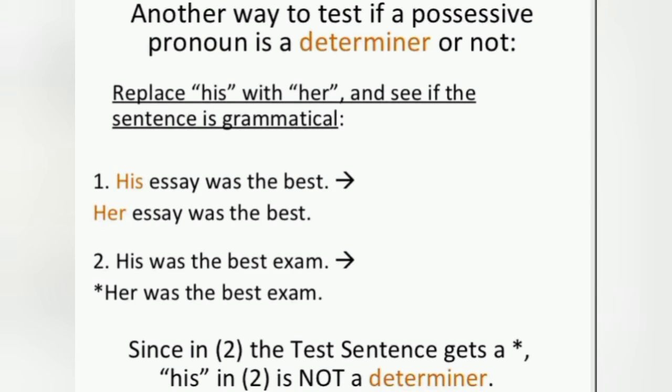His essay was the best. Her essay was the best. His was the best exam. Her was the best exam. Since in the second the test sentence gets wrong, his in the second is not a determiner.